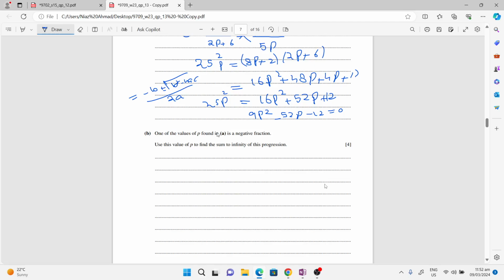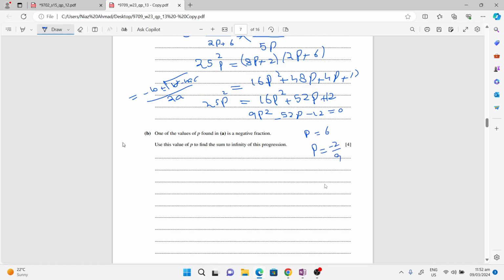Use your calculator to get fast calculations. p is 6 and negative 2 by 9. Great. So we have two values: p is 6 and p is negative 2 by 9.